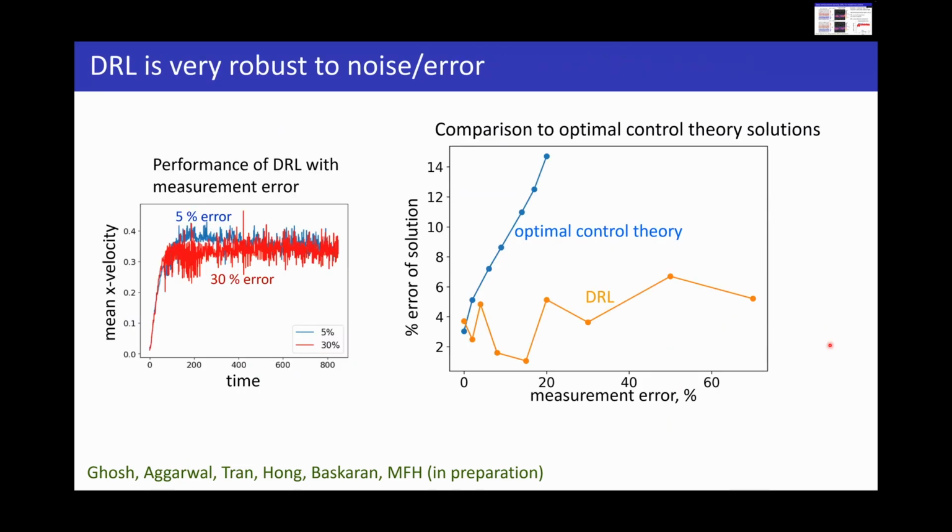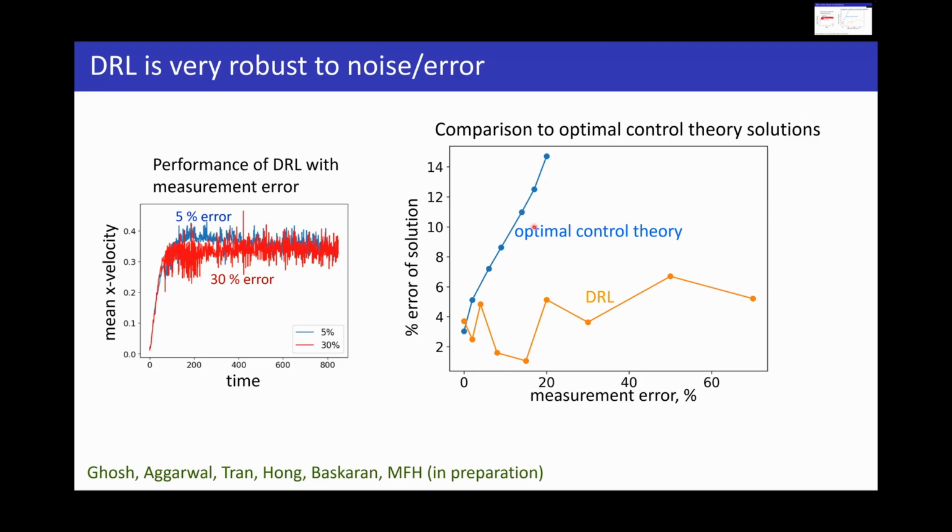And in fact, here I'm showing on the right a plot of the percent error of the solution as a function of the measurement error. The orange curve is the result for the reinforcement learning, and the blue curve is the result for the optimal control theory. And I don't want this to seem like it's a plot saying optimal control theory is terrible.